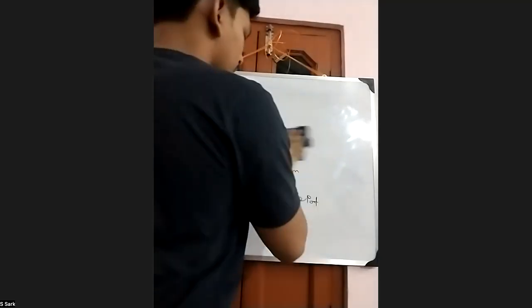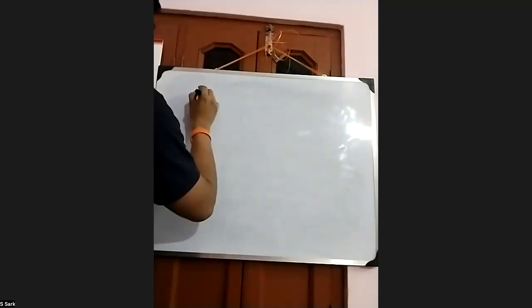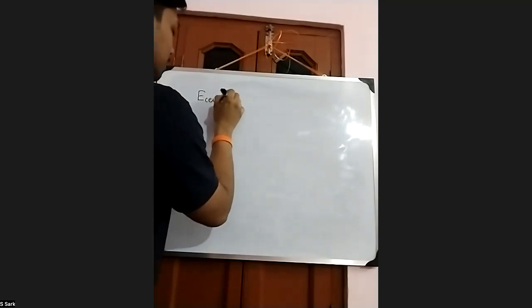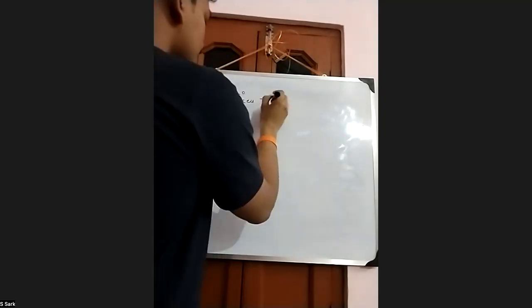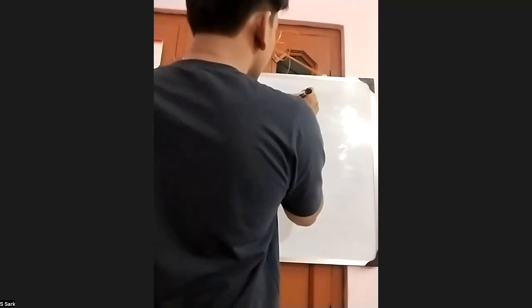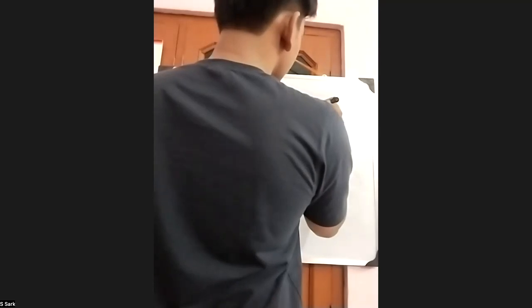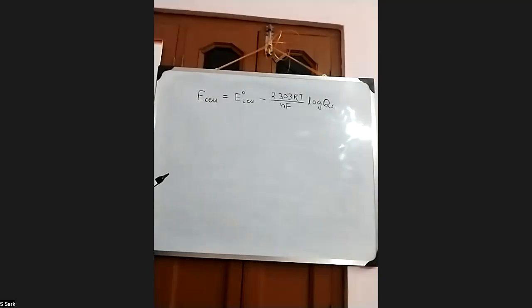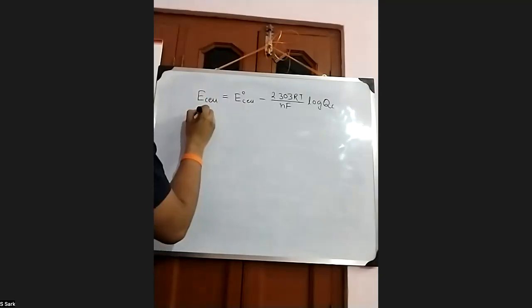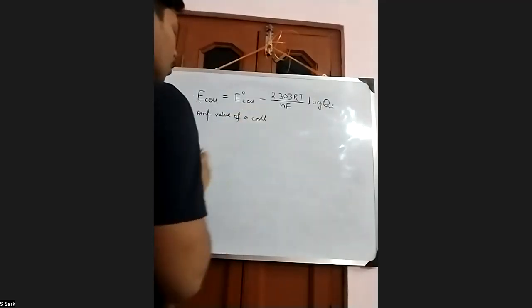Okay, sir. So the Nernst equation is an equation which can give us the cell potential of an electrochemical cell, in which from Nernst we get the equation which looks like this. From the Nernst equation, we can get the EMF value of a cell, which can further be used to judge the reactivity of a cell.